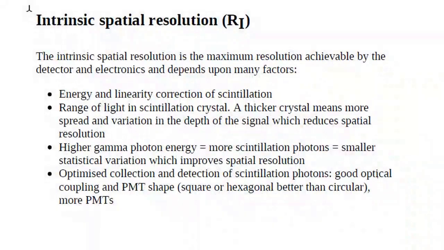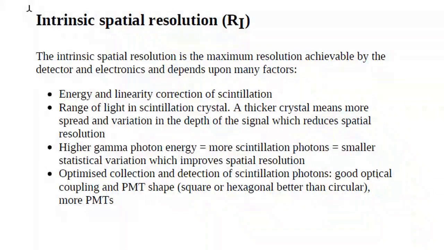Got it? Well, if you are dealing with higher gamma photon energy, this will lead to the scintillation photons that are produced being high as well. This will also improve your spatial resolution because it will reduce the noise present. Additionally, you have the light photons that are emitted in the scintillation crystal, which go to the photomultiplier tube. There is something called a light guide.